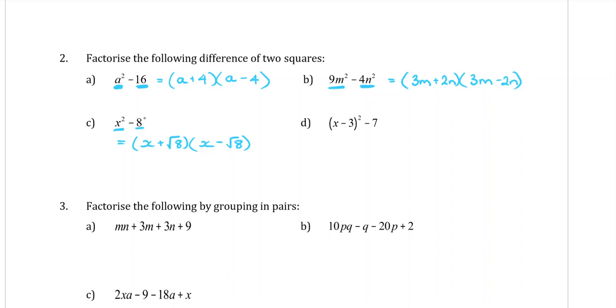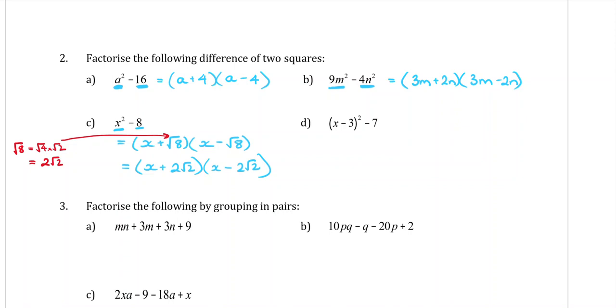However, square root of 8 is a surd that can be simplified. Square root of 8 is the same as square root of 4 times square root of 2, because 2 times 4 makes 8. The square root of 4 is 2, so it is 2 root 2. So an even better answer would be to have x plus 2 root 2 and x minus 2 root 2, because then I have simplified surds in them.